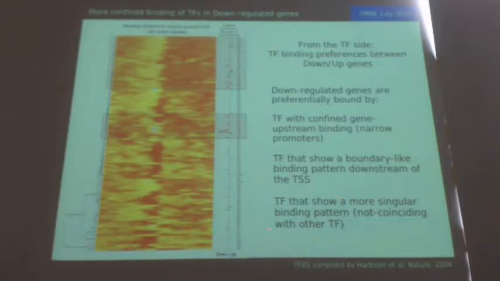So the downregulated genes are expected to be preferentially bound by transcription factors that have confined upstream binding: narrow promoters and no binding within the gene. This more confined binding also tells us that there is room for only a couple of transcription factors to bind in these areas.